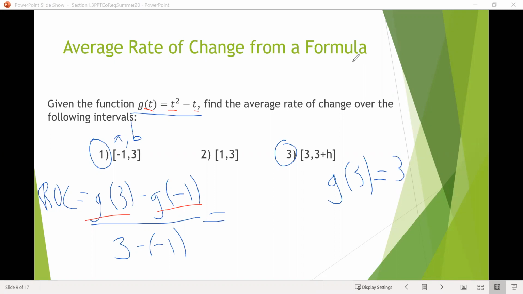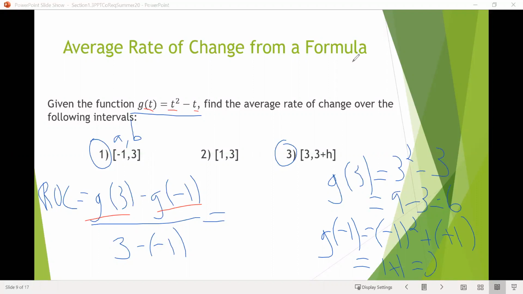So we'd have 3 squared minus 3, which was 9 minus 3, which is 6. And then g of -1. Can we do a similar thing? -1 squared minus -1. Right, so -1 squared means -1 times -1, which is +1. The minus minus here makes a plus. So we end up with 2 there.